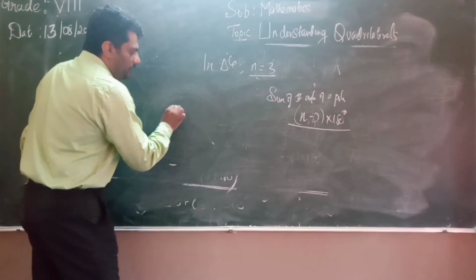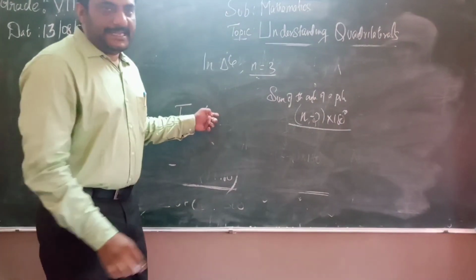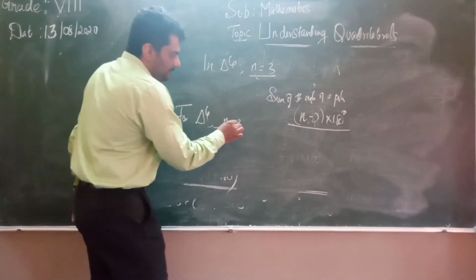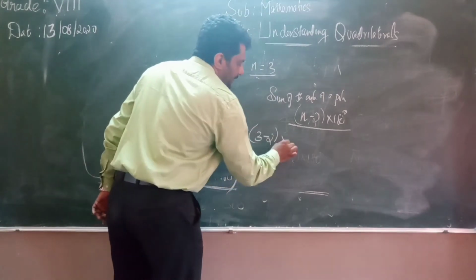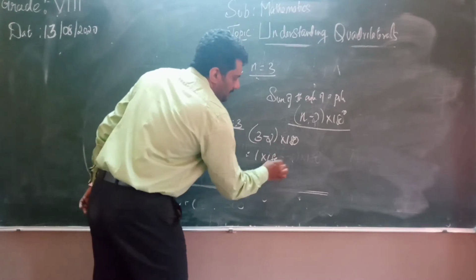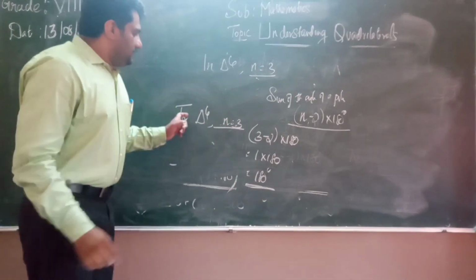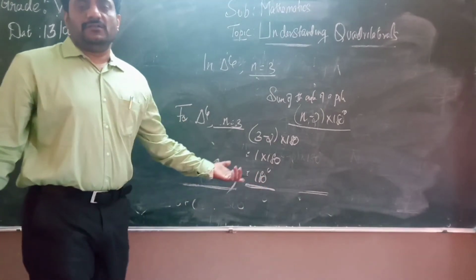Now let's try for a triangle. For a triangle, what is the number of sides? 3, right? Put this value here. You get 3 minus 2 into 180, which is nothing but 1 into 180, which is 180 degrees. So for the triangle it is 180, which we already know.